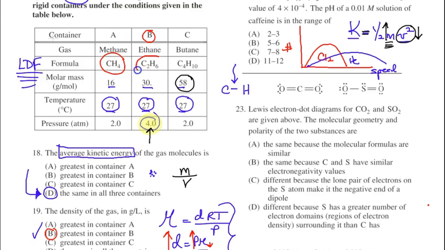So the question is, who is more polarizable? Who is going to make that cloud shift momentarily to give a more negative area? The longer hydrocarbon with the biggest carbon chain, and that's butane, is more polarizable, because being longer, those electrons have a greater opportunity to shift and deform their shape to create a more polar area.